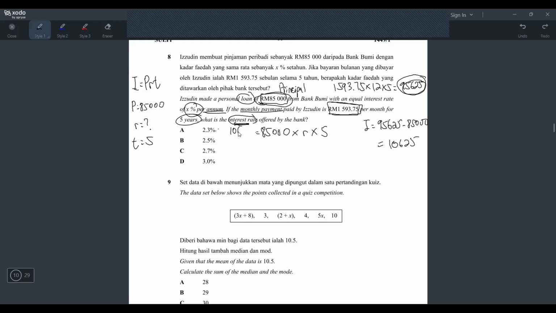And the formula for interest is PRT, where P is 85,000, the R I need to find, and the T is 5. And now I can find R lah. I can find my rate. I just tekan 10625, divide 85,000, and divide 5, right? So let me press. Okay, my calculator gives me 0.25, 1/4.